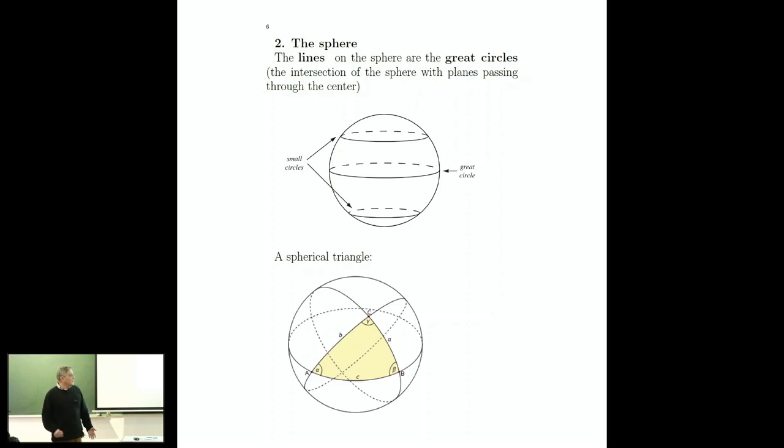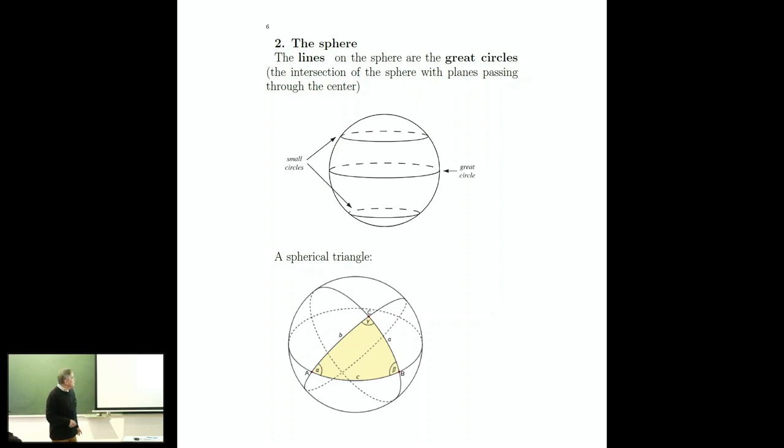For instance, if I take a spherical triangle and I take the three perpendiculars from the vertices to the sides, do they always meet in a single point? The answer is no. In spherical geometry, it doesn't always work, but there are conditions.